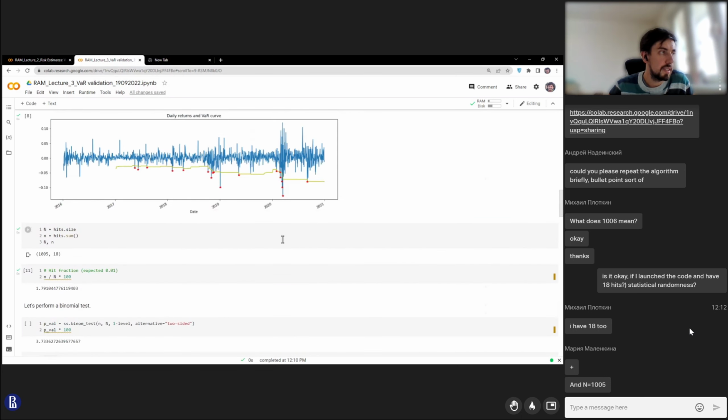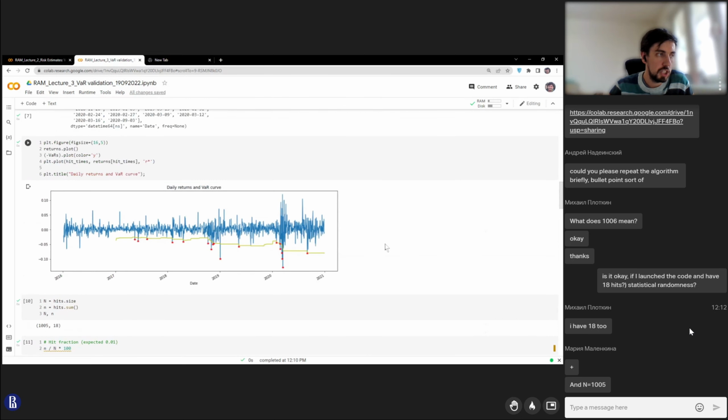That means that this picture should look more like absolutely random and evenly spread cases of VaR being hit, rather than these sequences of hits.